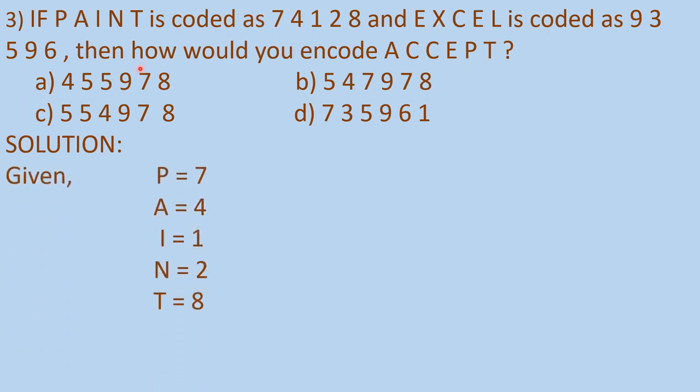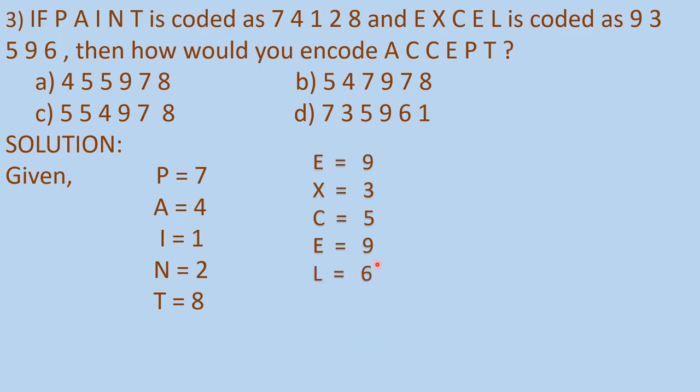We have given PAINT. Here P is coded as 7, A 4, I 1, N 2, T 8, and in EXCEL, E 9, X 3, C 5, E 9, and L 6.